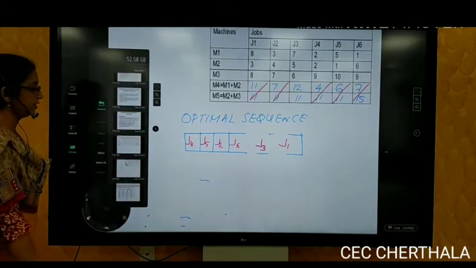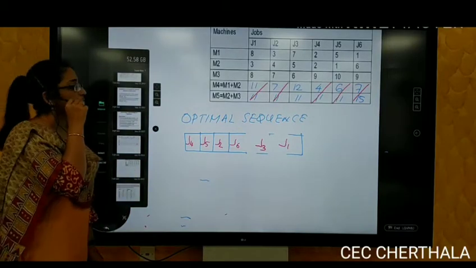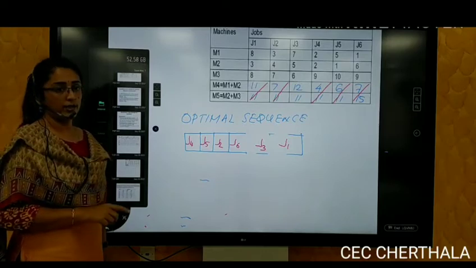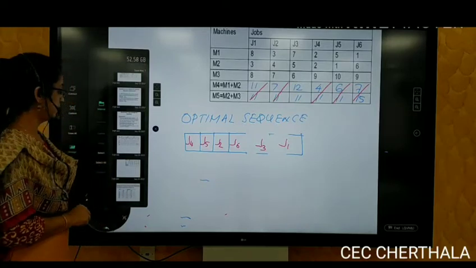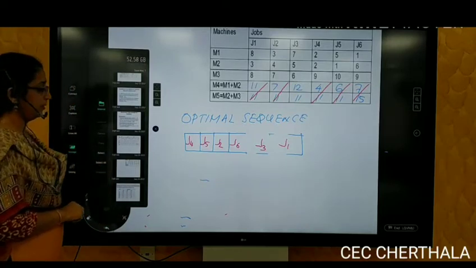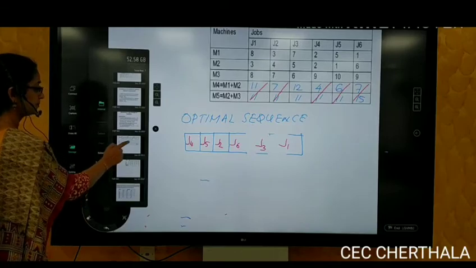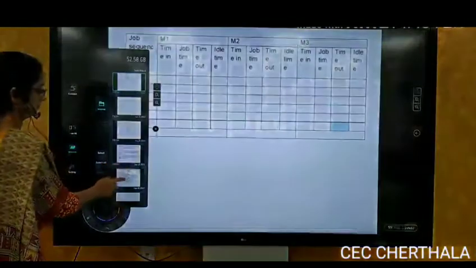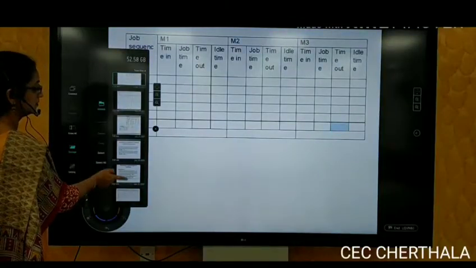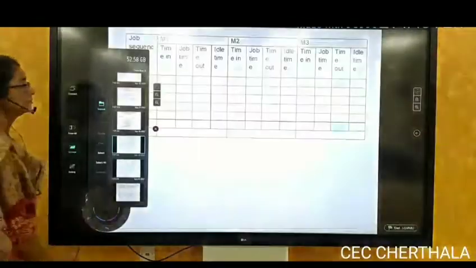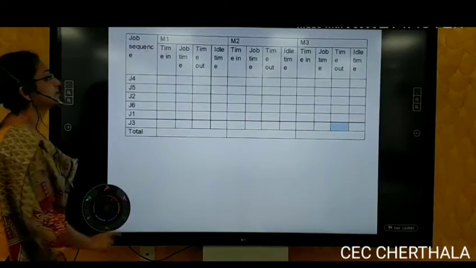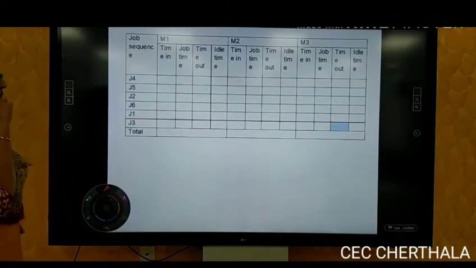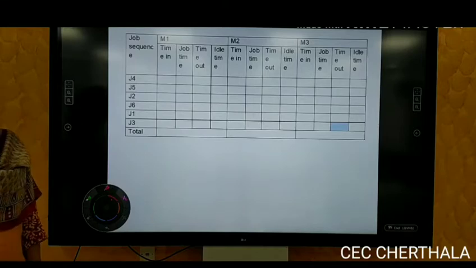Now the next procedure is to calculate the total elapsed time. For that we use the tabular method. So this is the table for calculating the total elapsed time.